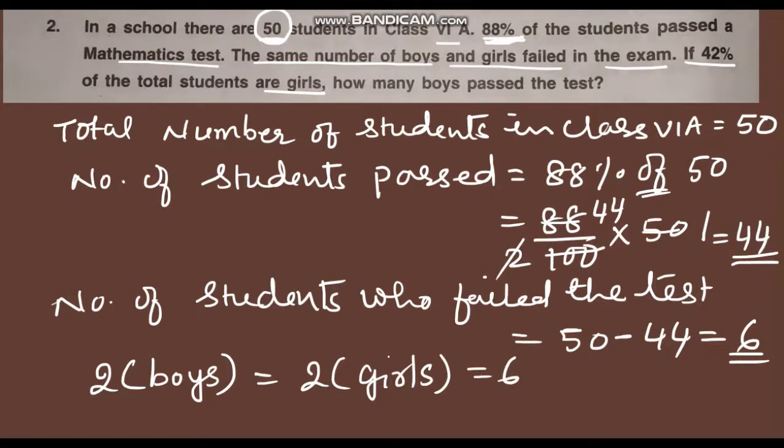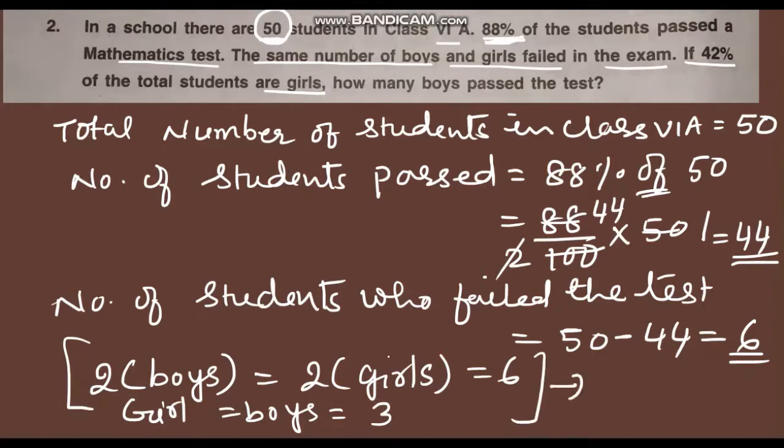So boys will be equal to 3 and girls will also be equal to 3 who failed. So see children, in that class 3 boys failed and 3 girls also failed the test.